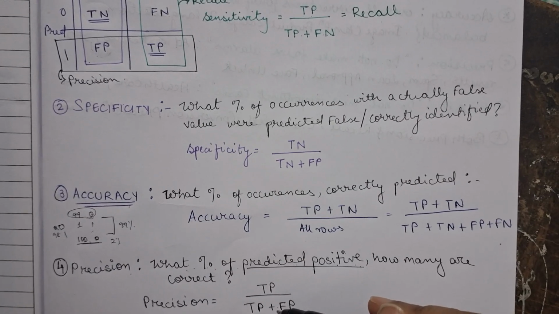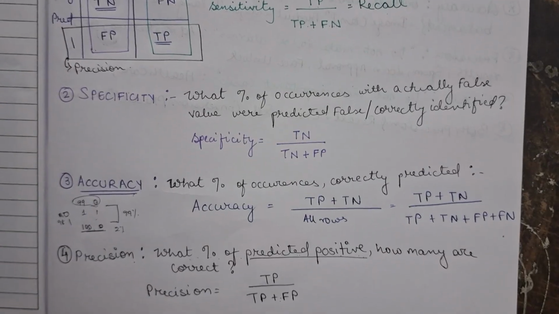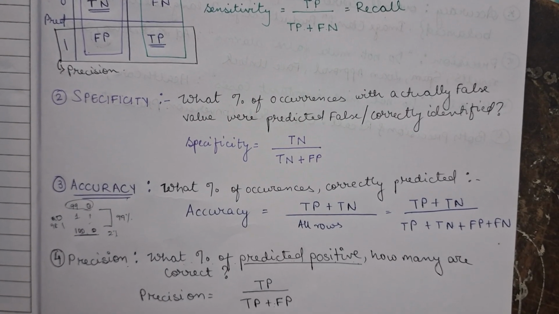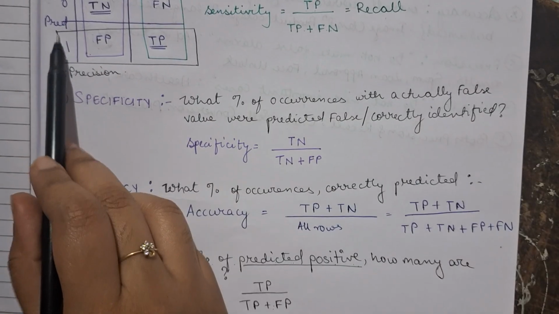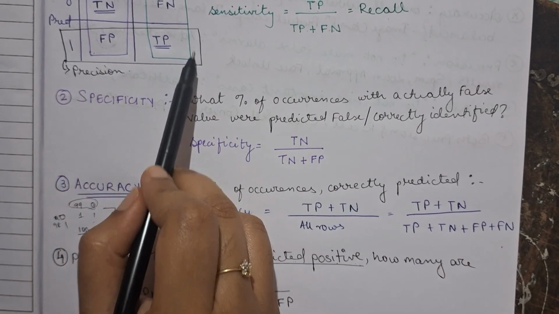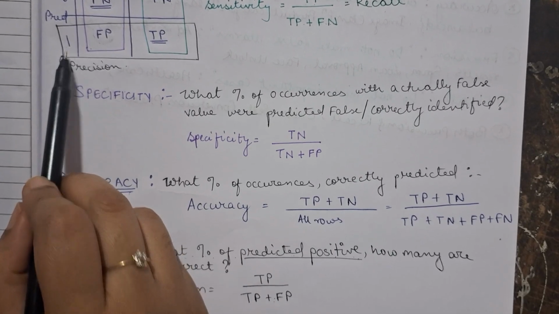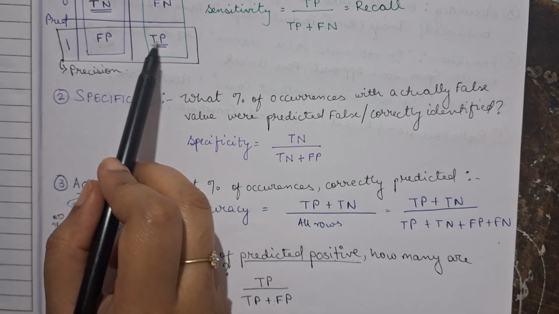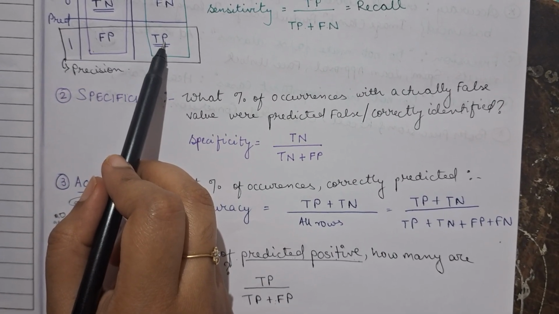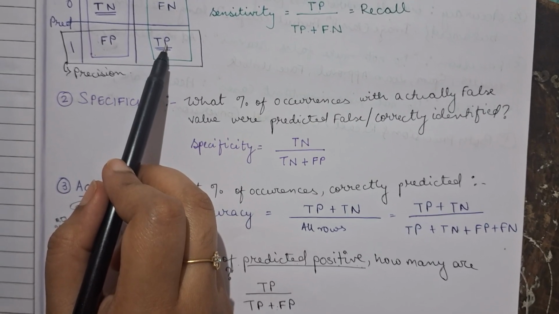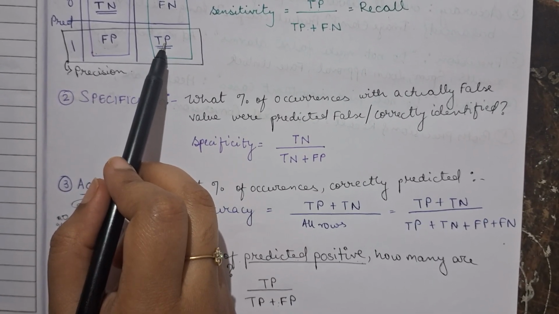Now an example can be the healthcare sector where we have cancer detection. Out of the number of patients that the model is predicting as true, that is they have cancer, how many of the predicted patients actually have cancer, that is true positive.